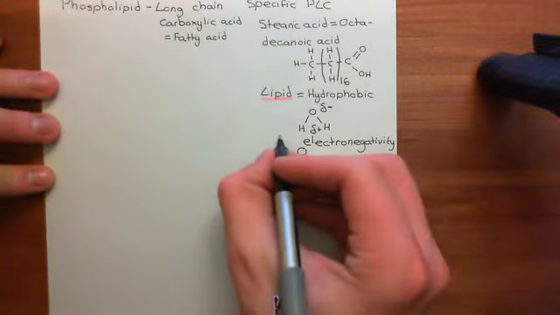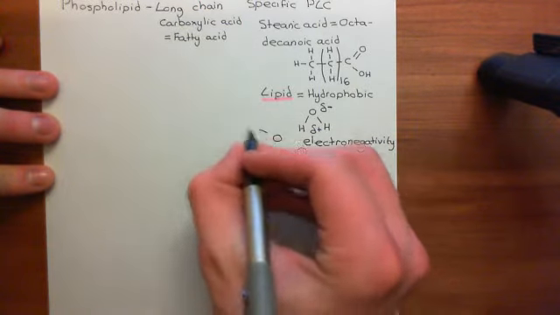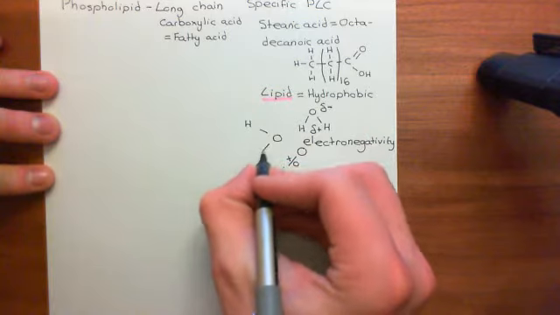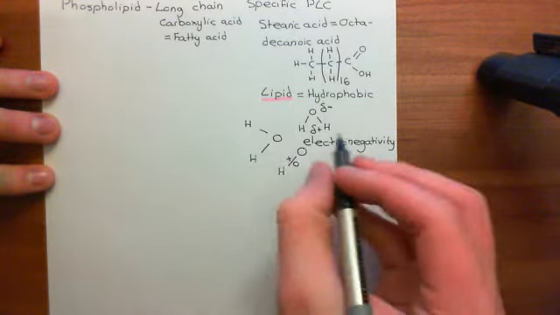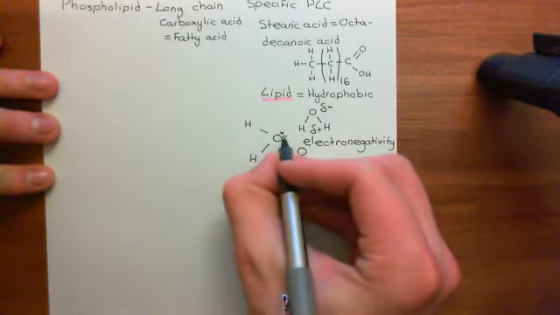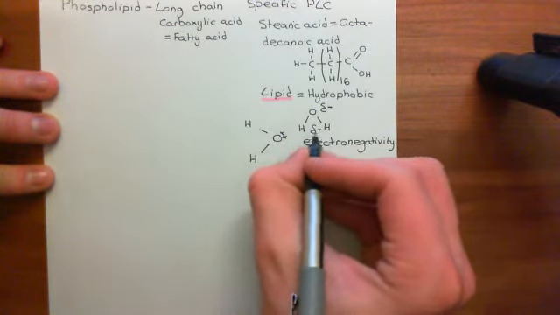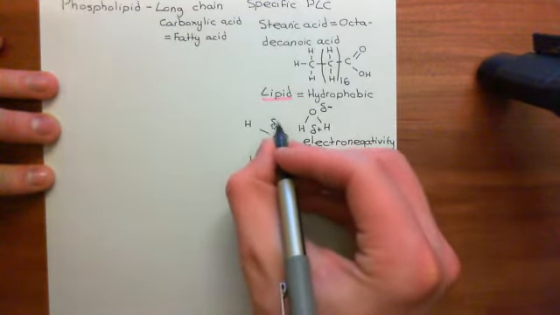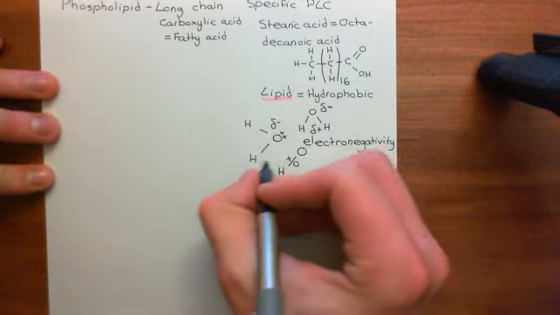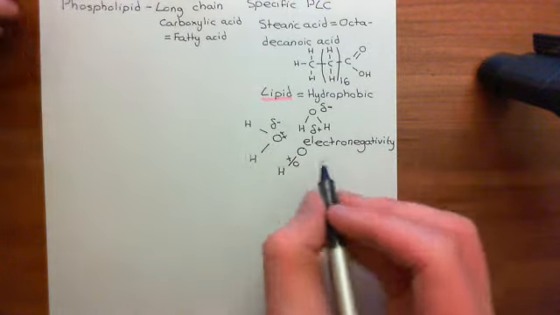If I bring in another water molecule here, they can form very strong intermolecular bonds because this hydrogen atom on this water molecule has a partial positive charge, and this oxygen atom on this second water molecule is going to have a partial negative charge.